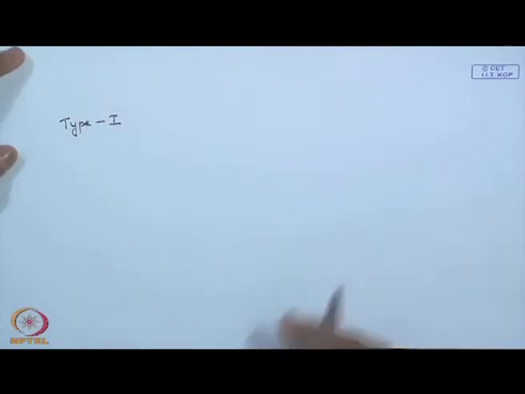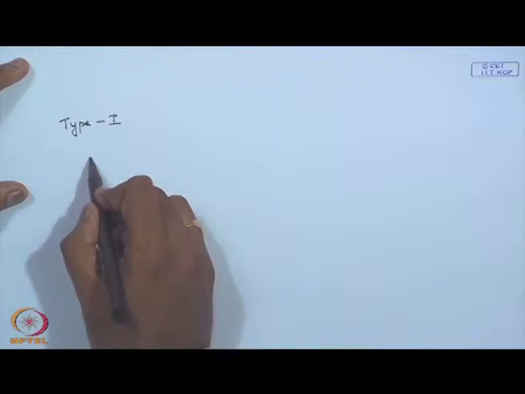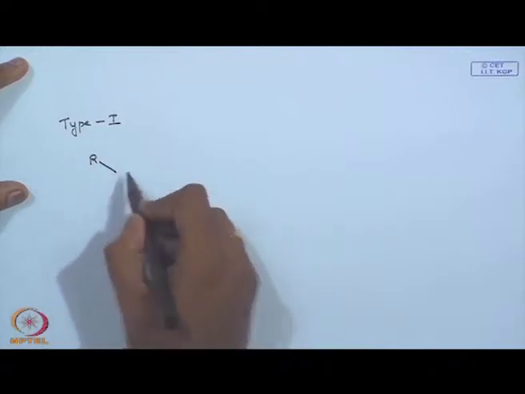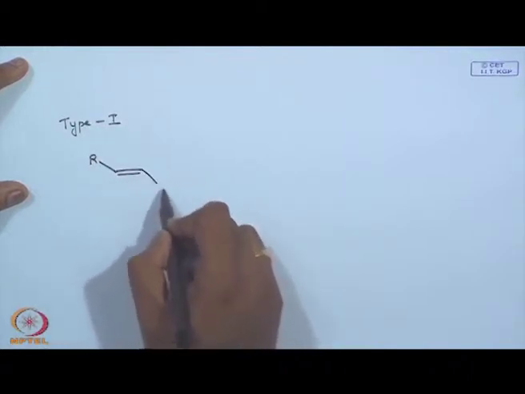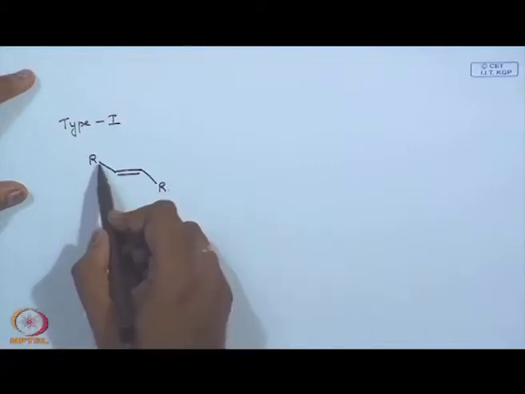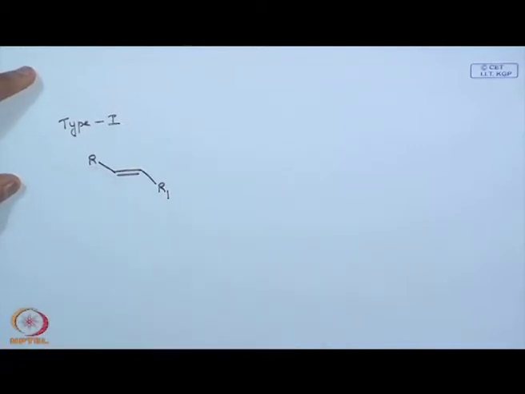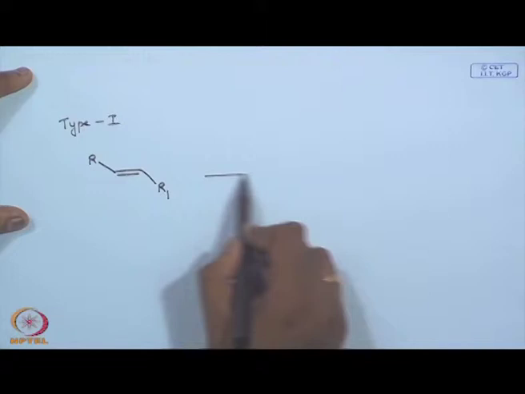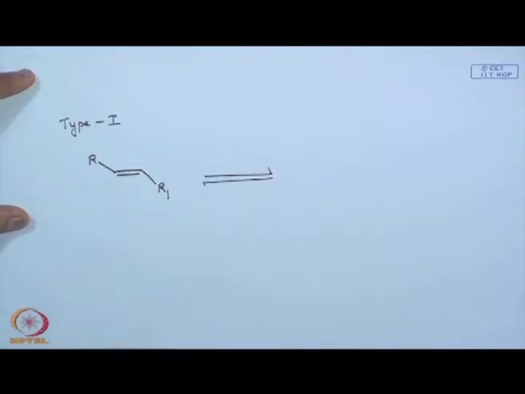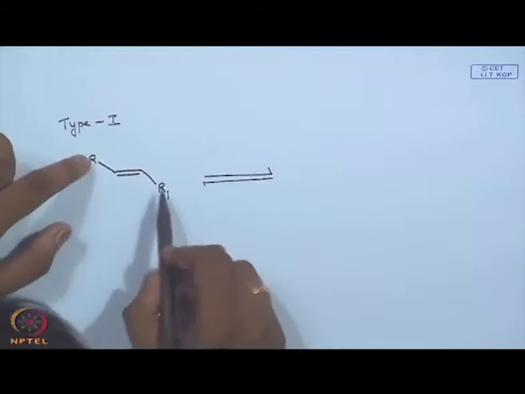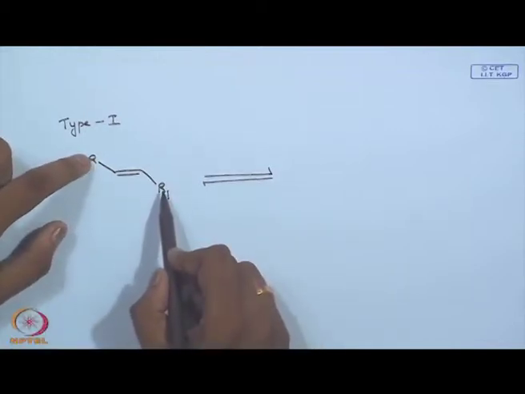Let's take a simple example of type 1. You have an alkene, with R and R1. I do a reaction on this. These are my two migrating groups.